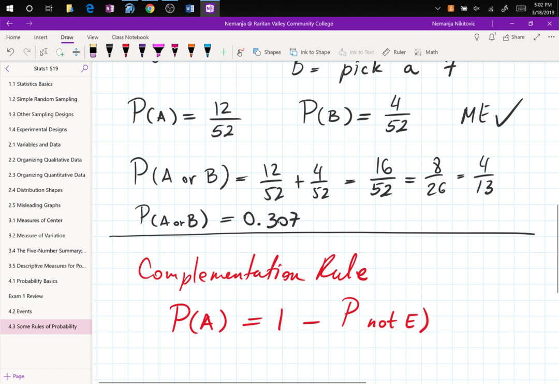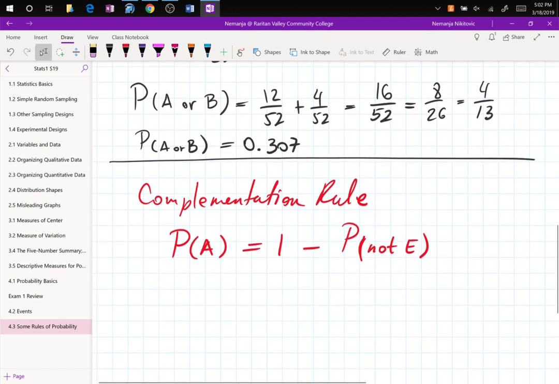Remember when I asked you what it means that there's a 70% chance of rain today? It means 30% of no rain today. So it's either rain or no rain, and the difference between them is 1 minus the other.